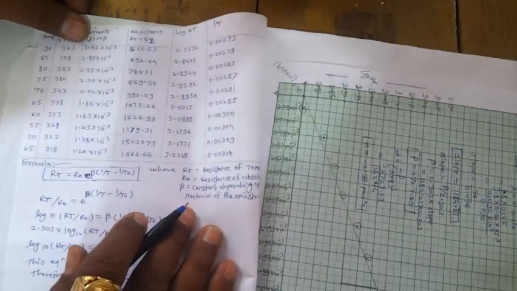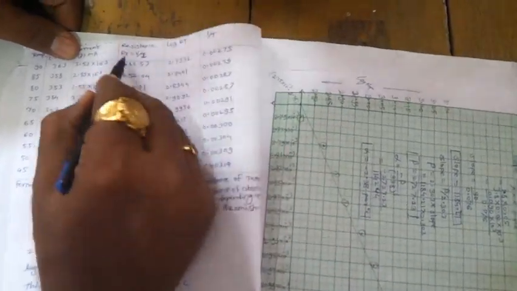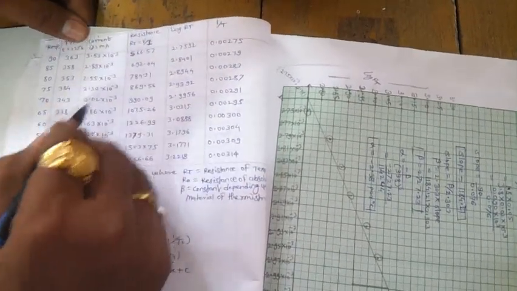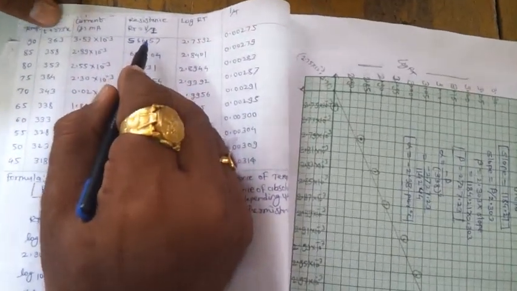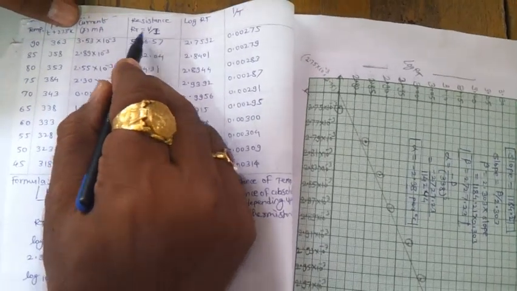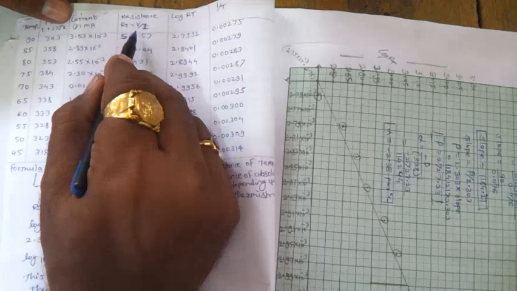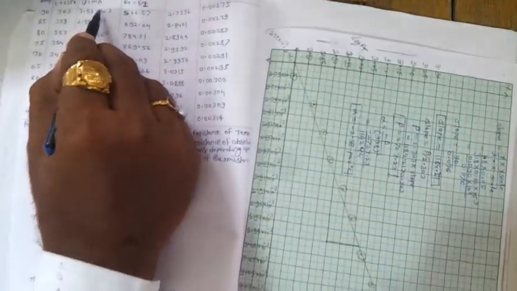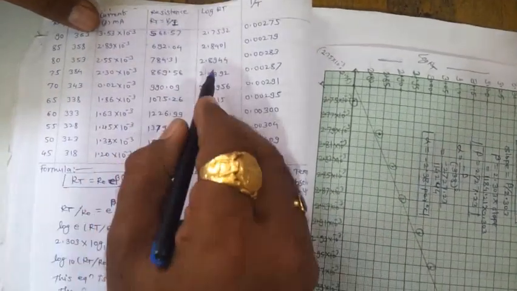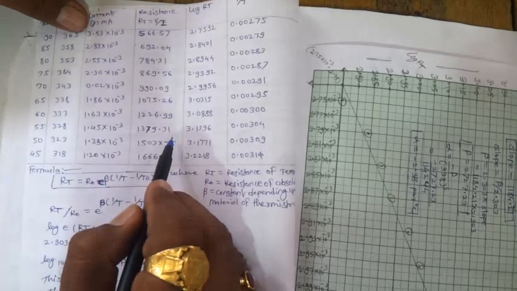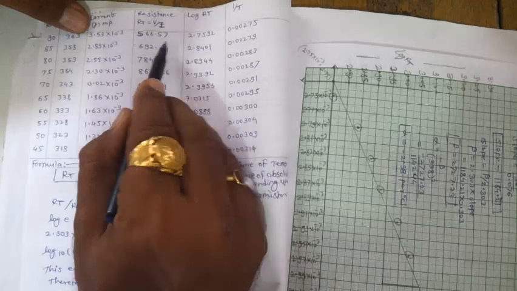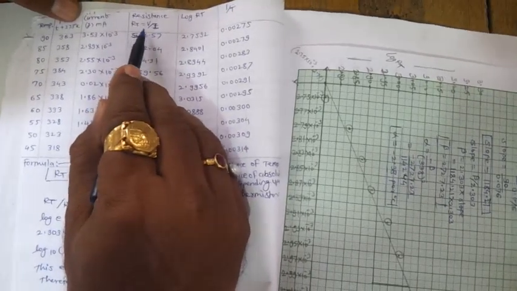Then we take the log of RT. This is the resistance RT at the corresponding applied temperature and voltage. The applied voltage is 2.5 volts and the corresponding current is given in the table to find the resistance for the corresponding readings, and then we calculate the log of RT using this resistance RT.